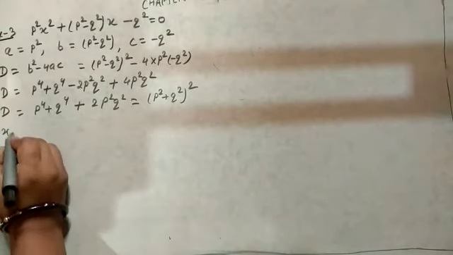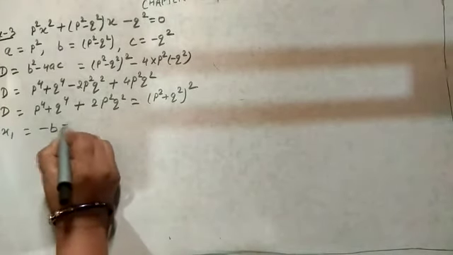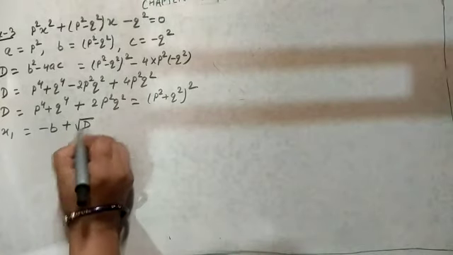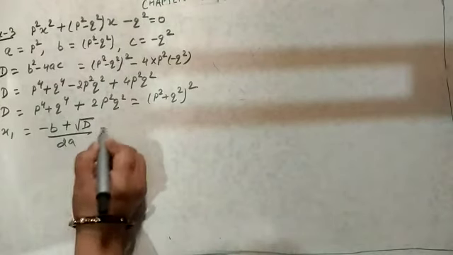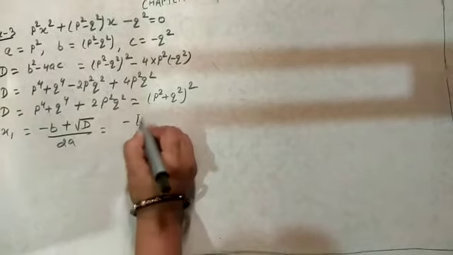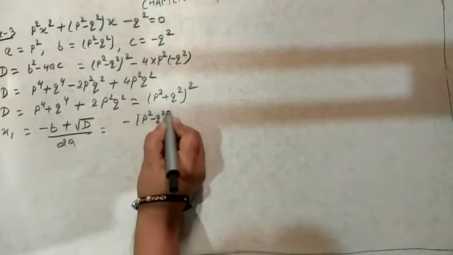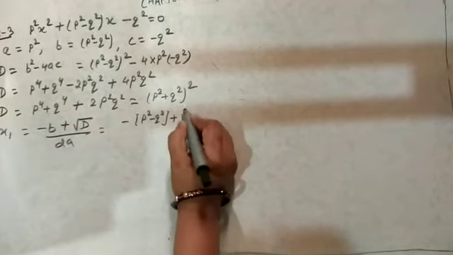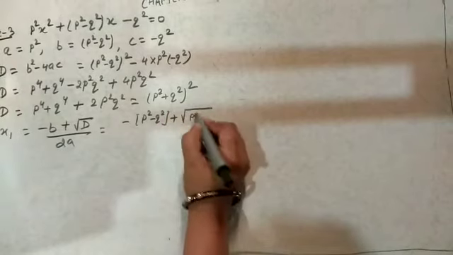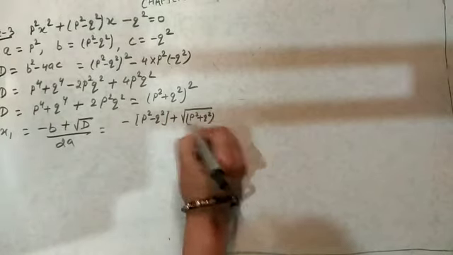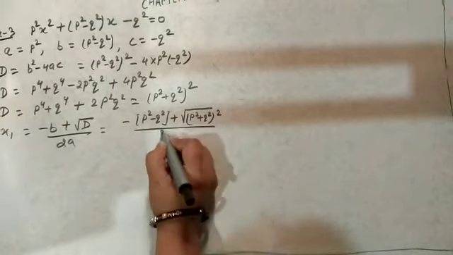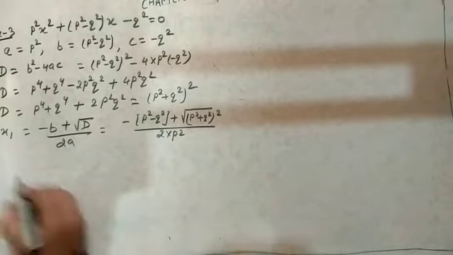Now x1 = (−b + √D) / 2a. So −b is −(p² − q²), plus √D is p² + q², divided by 2 × p².